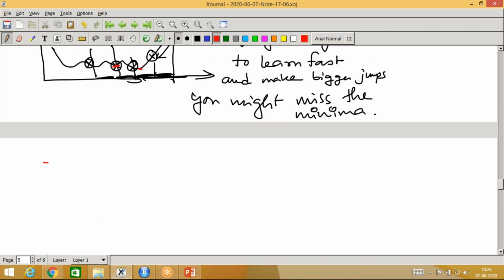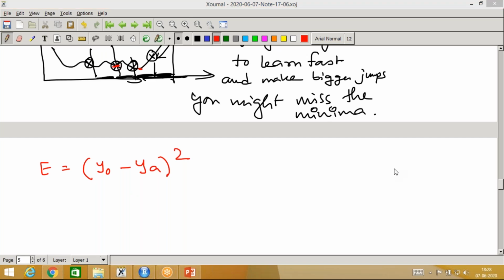How much was the error? Error was (y0 minus ya) squared. This was my error. The point is minima, local minima. If I do del E del W12, will I get this?